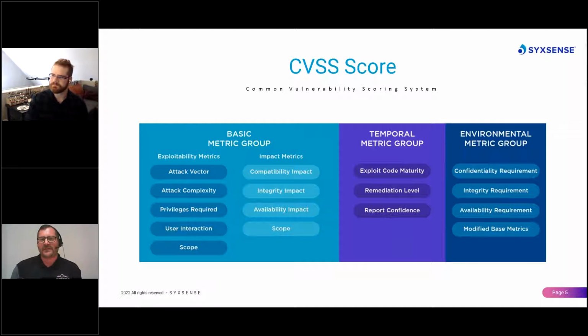So the basic metric group, or the base score, is a series of factors that allow you to create the score out of 10. The first of which is the attack vector. So how can the vulnerability be exposed? Is it across the network? Is it across any network, including across the internet? Is it something you can only exploit when you have physical access to the device?